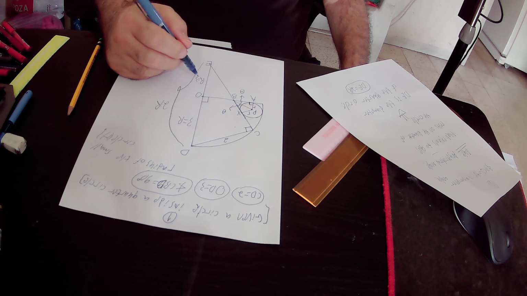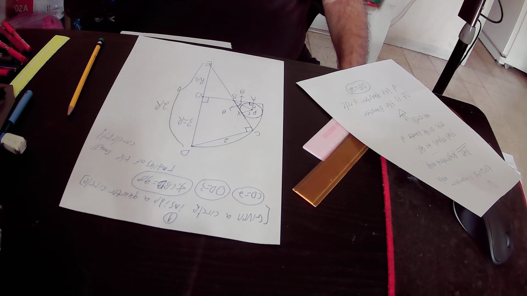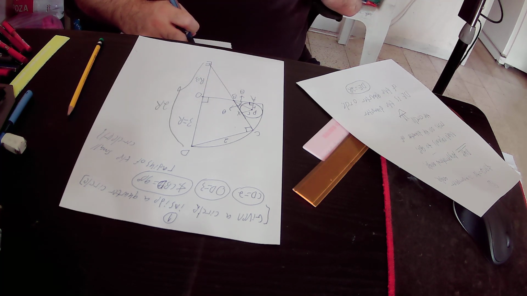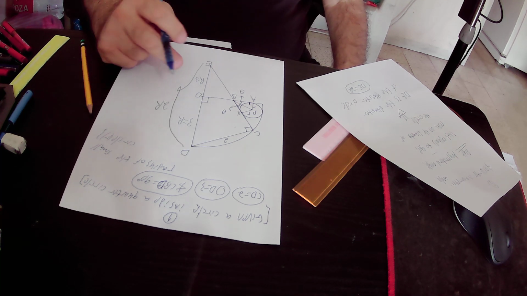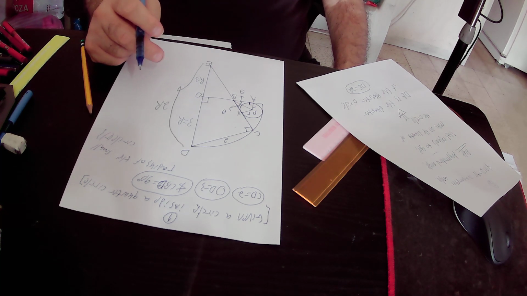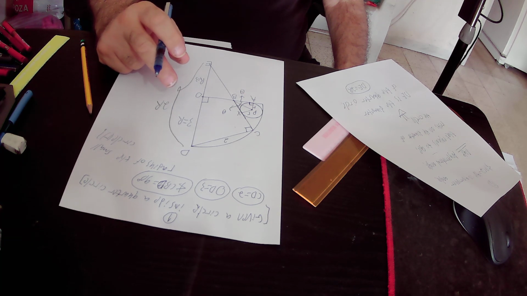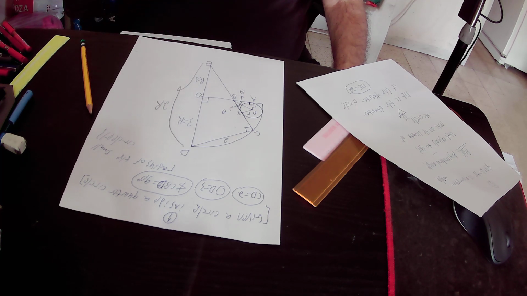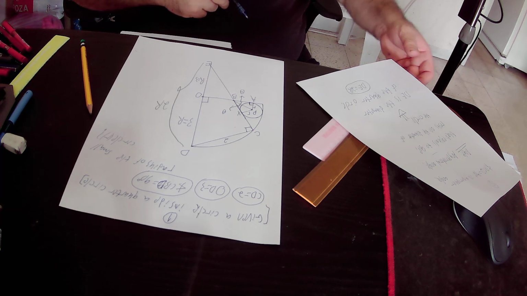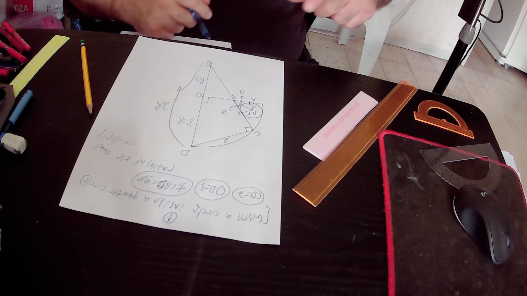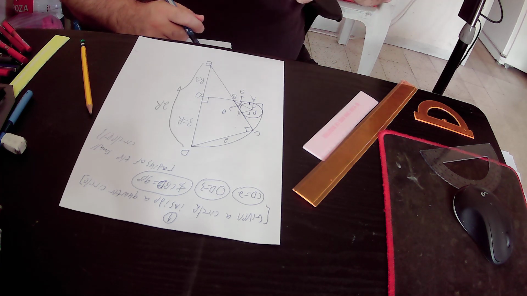You can write here that R equals 3. So the diameter of this quarter circle equals 2R, that is 3 plus 3 is 6 units, and the radius of this quarter circle equals 3 units. Okay, so in the next step we will complete the quarter circle to a semicircle.